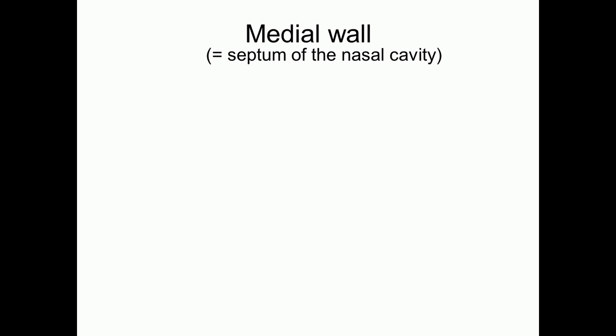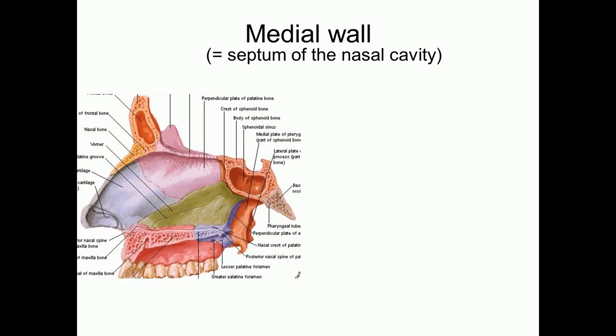Let's try to list them. The medial wall, or septum of the nasal cavity, is formed by six structures. First, lamina perpendicularis ossis ethmoidalis, here of pink color. Lamina perpendicularis ossis ethmoidalis.